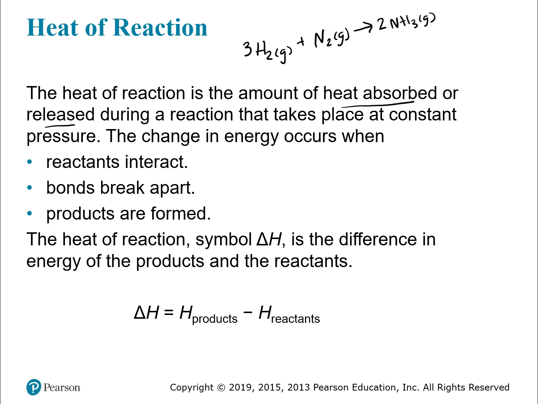Once they interact, the bonds between the hydrogen atoms and the nitrogen atoms have to break apart. That's a change in energy. When those atoms recombine to form ammonia, that's another change in energy. So the total of all of those processes is the heat of the reaction, and the symbol is delta H. You can calculate delta H simply by taking the heat of the products and subtracting the heat of the reactants.